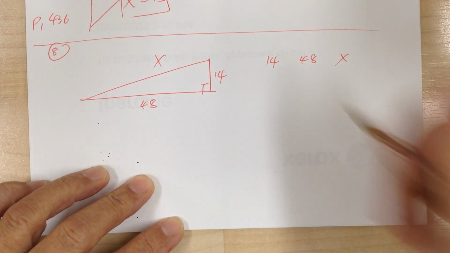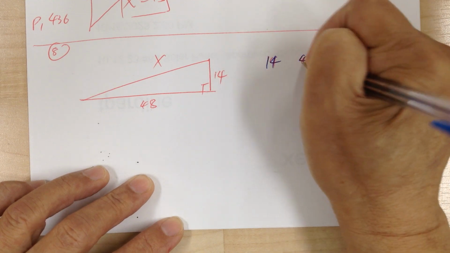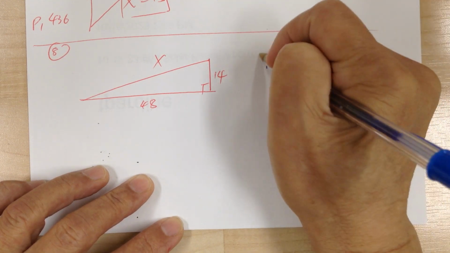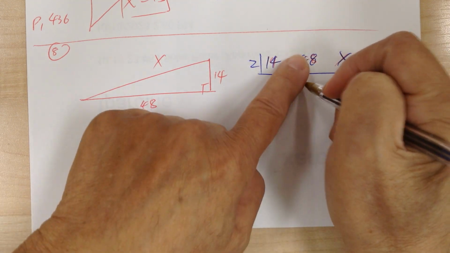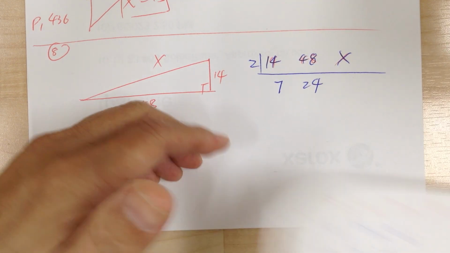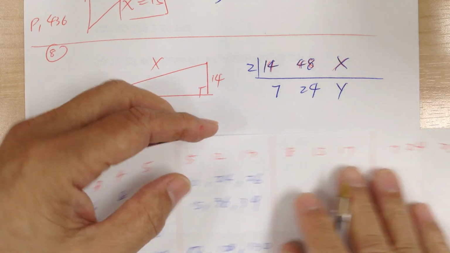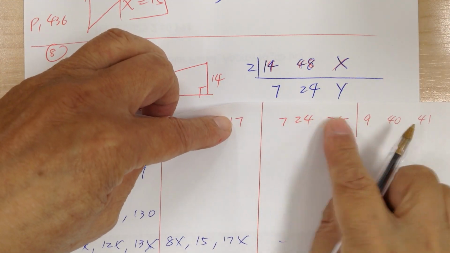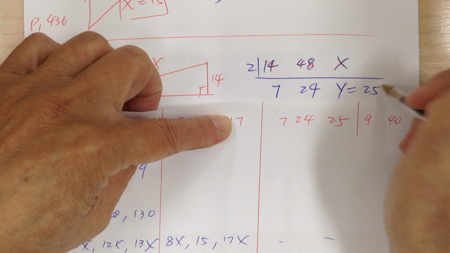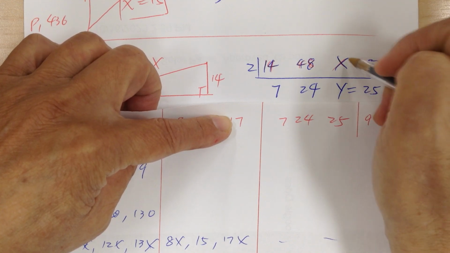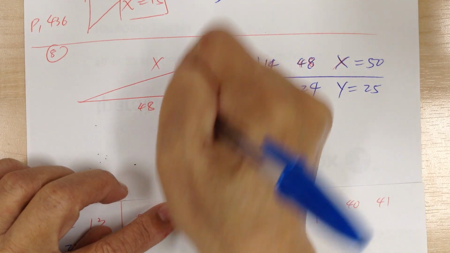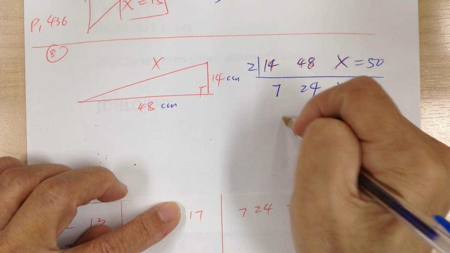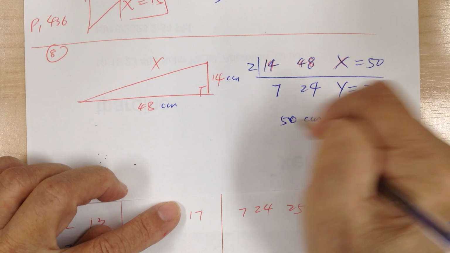I'm going to use blue, since red is sometimes hard to see. Factor out the 2 and you get 7, 24, and y. Notice 7, 24, so y equals 25, and x will equal 50. Label it centimeters, so the answer is 50 centimeters.